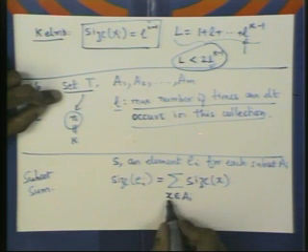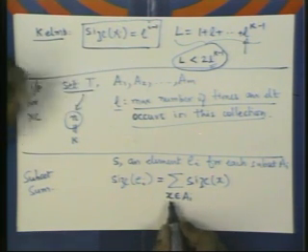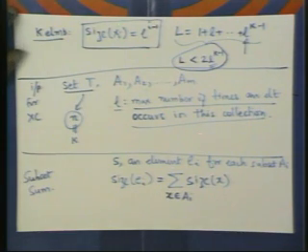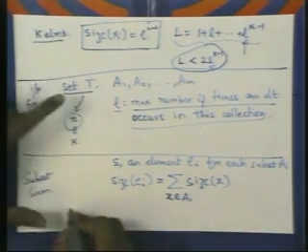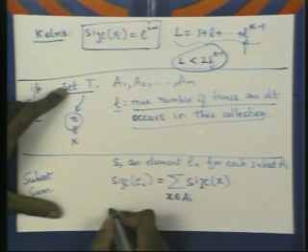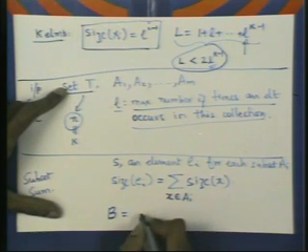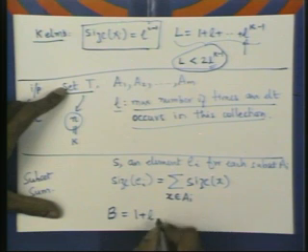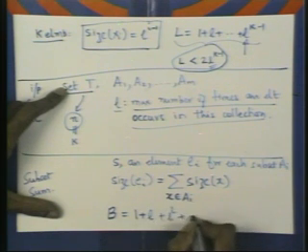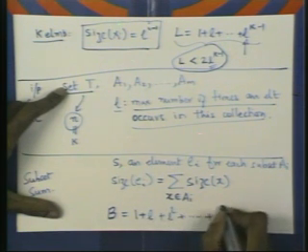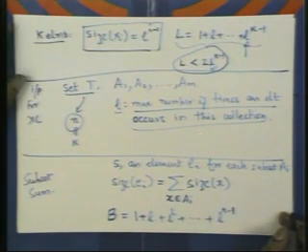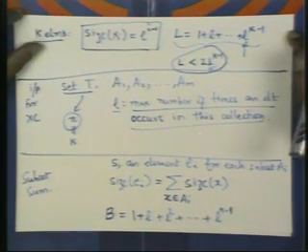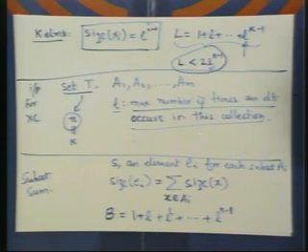Then B is nothing but 1 plus L plus L squared, and so on up to L to the n minus 1.